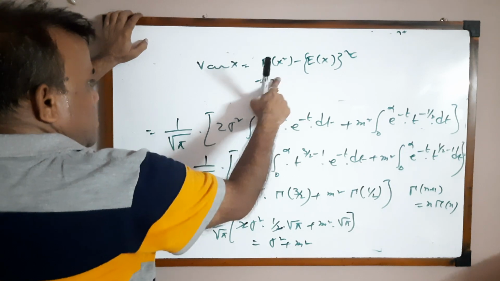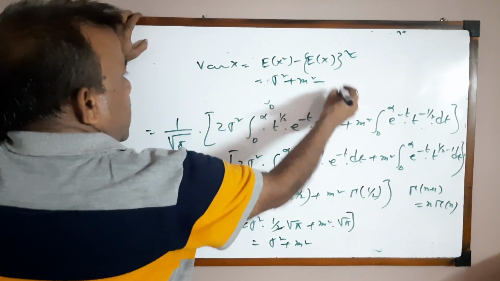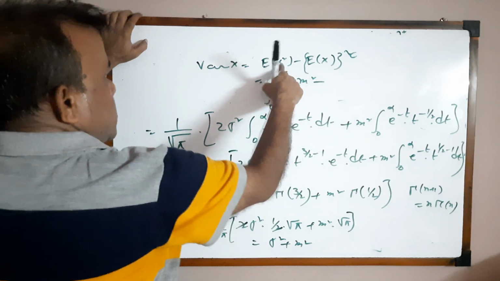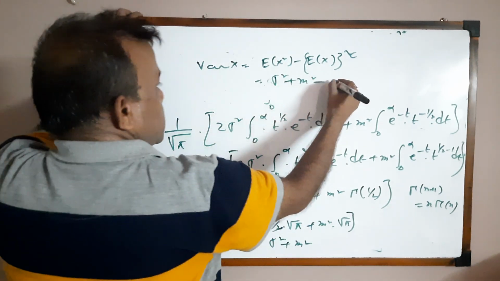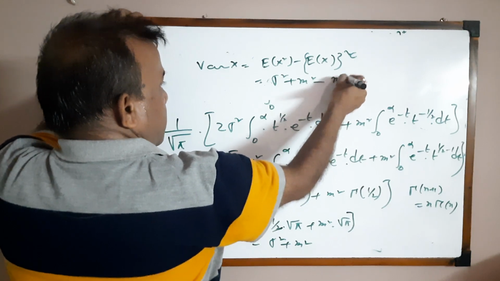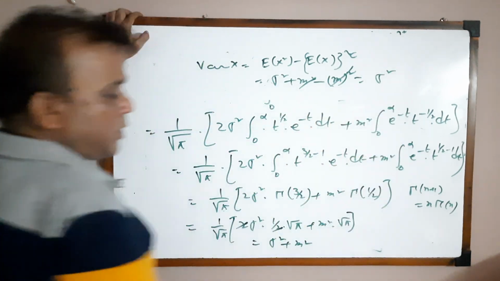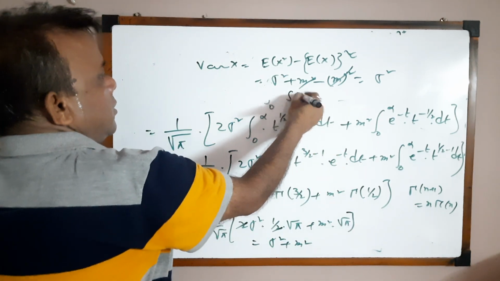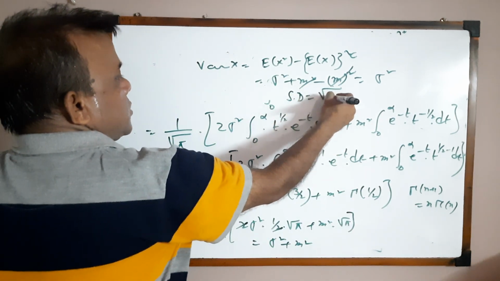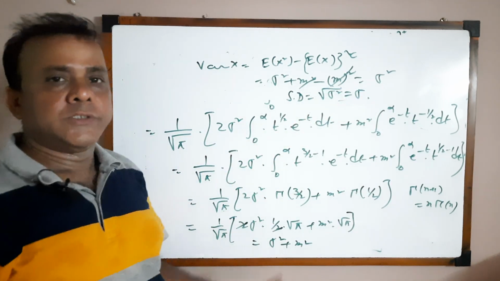E of x square is sigma square plus m square, and E of x is m. Therefore variance equals sigma square, and standard deviation is equal to root over of sigma square, that means sigma. Very easy to solve.